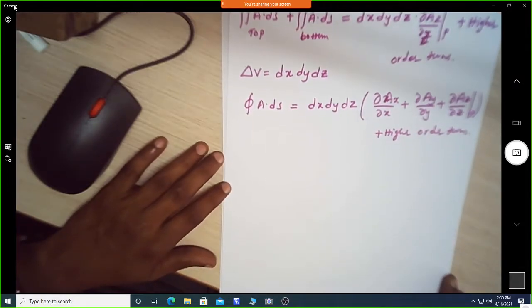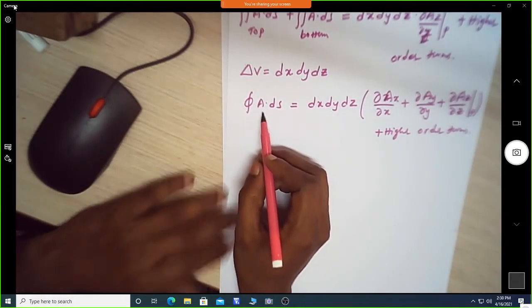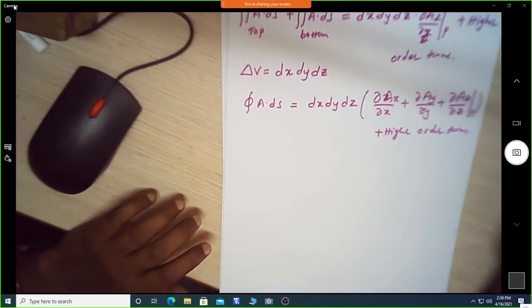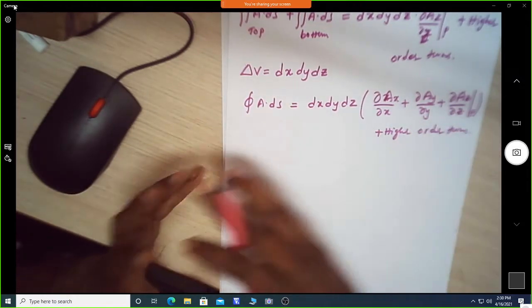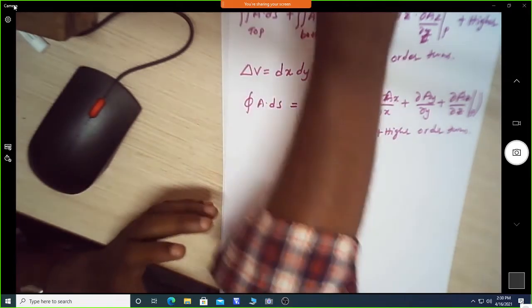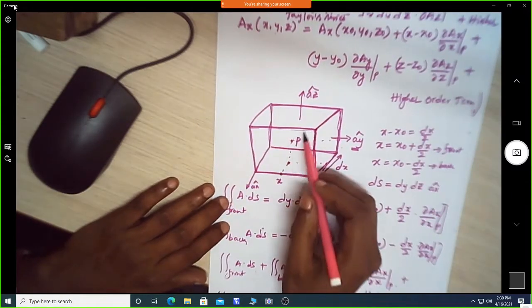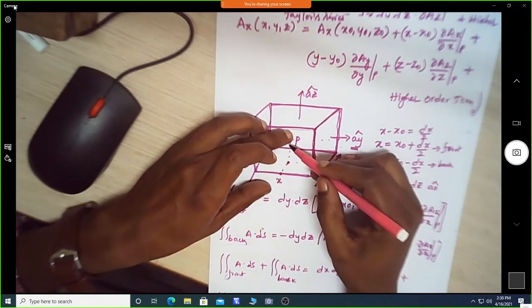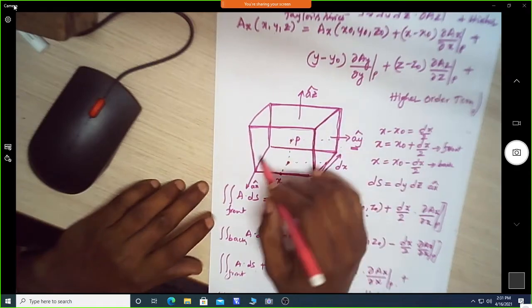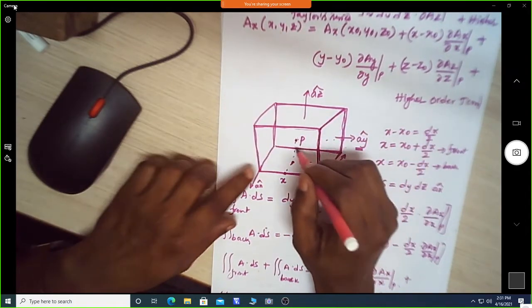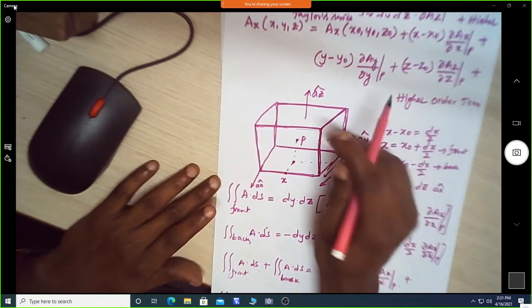As I said, the divergence of vector A is the outward flow of flux when the volume shrinks about P. If the volume is shrinking about P, the surface integral gives the net divergence: if the flux is going outside, it gives positive divergence.